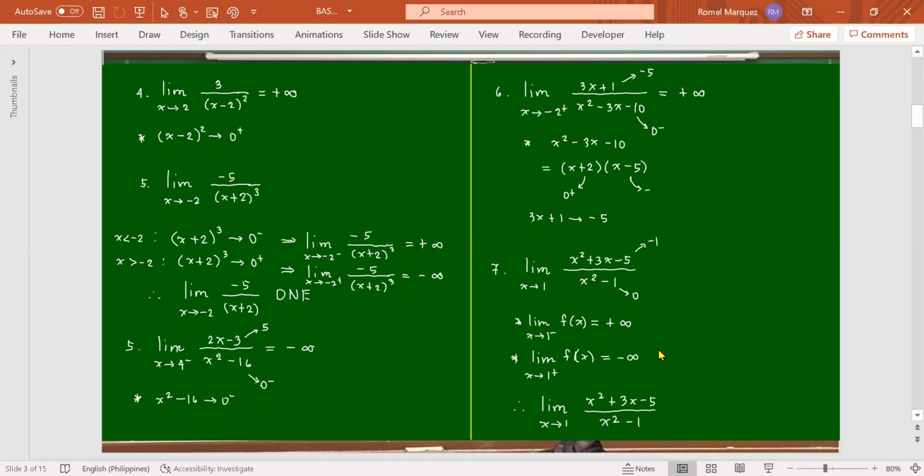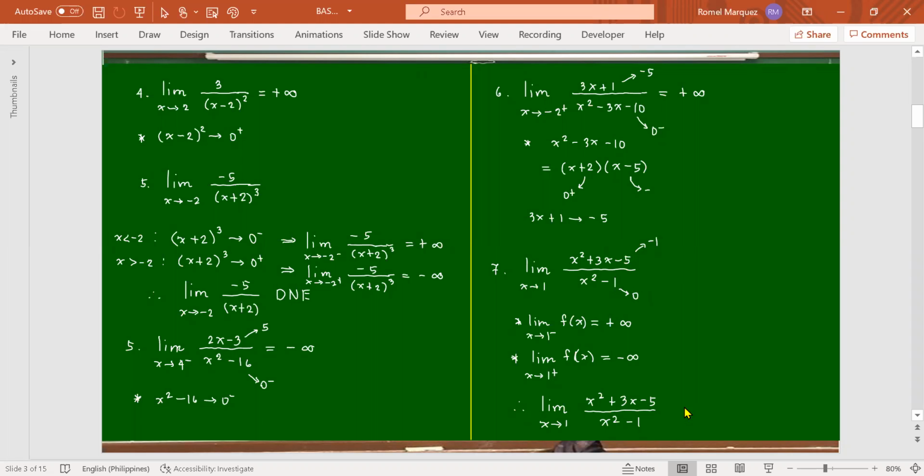The limit as x approaches 1 of (x squared plus 3x minus 5) over (x squared minus 1) is another quotient that you have to take note of. Before, you were only careful about the case where the denominator goes to 0 and the numerator also goes to 0, where you cannot apply the direct substitution rule.